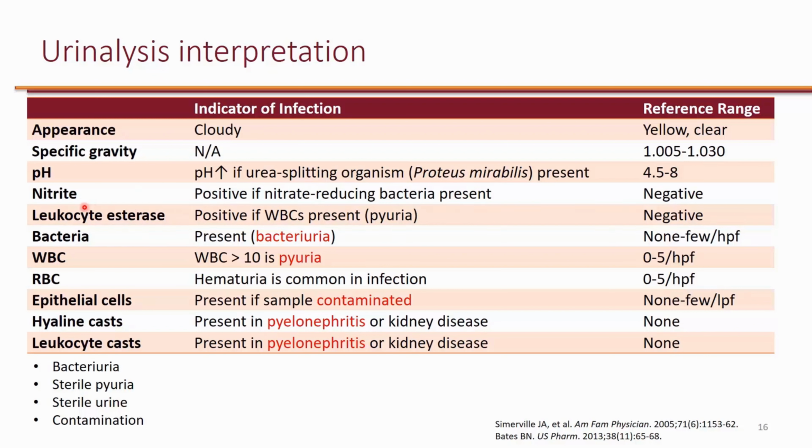Another thing that's important to look at is the presence of nitrite and leukocyte esterase. Nitrite is not supposed to be there in the urine, so if you do find nitrite, it could suggest the presence of bacteria. Now, if nitrite is not there, it doesn't necessarily mean that there is no infection, and I'll explain that more on the next slide.